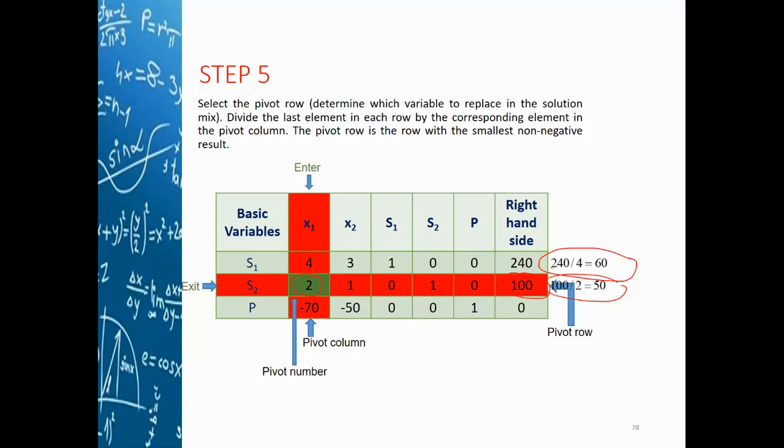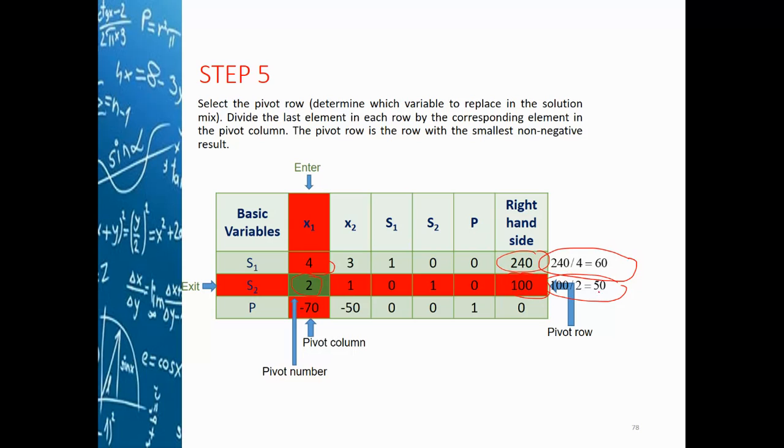And then the next column, 240, the right hand side value, I divide with my pivot column element, which is 4. The red color is the same, so you couldn't see it. So 240 over 4 would be 60. If you have a lot of constraints, you do the same thing for each of your rows.